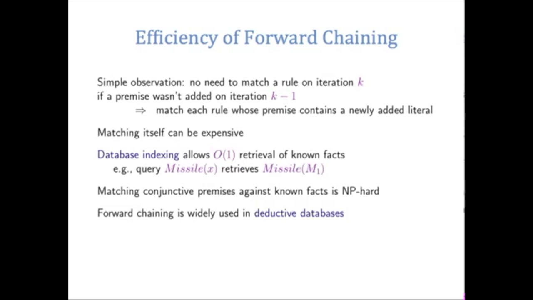So Missile(x) retrieves Missile(M1) and so forth, because when we've added the fact, we can link up Missile(x) with its instantiations. On the other hand, matching conjunctive premises against known facts is NP-hard, and forward chaining is widely used in what are called deductive databases.